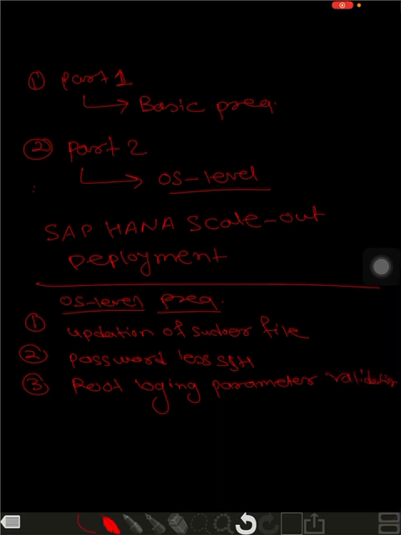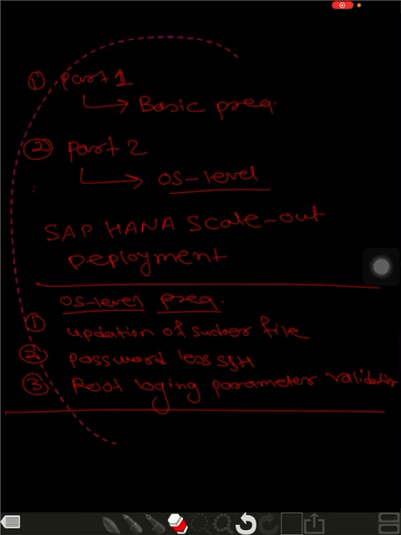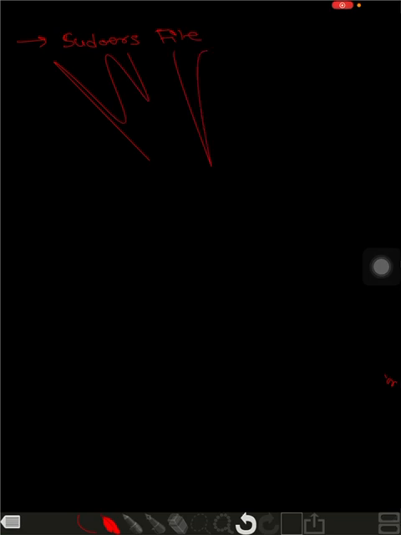So now, the first one is updation of sudoer files. What is needed in the sudoer file for SAP HANA to execute the activities for scale out deployment?